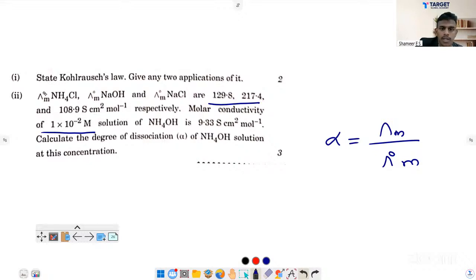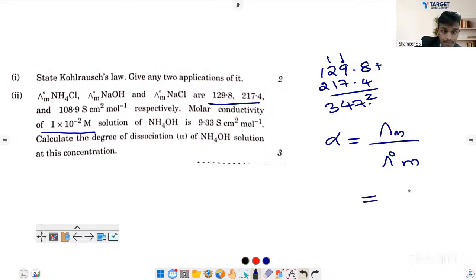So 129.8 plus 217.4 is 347.2. So that is the limiting molar conductivity. 1 into 10 raised to minus 2 divided by 347.2 will be the answer. Okay, you can do it.